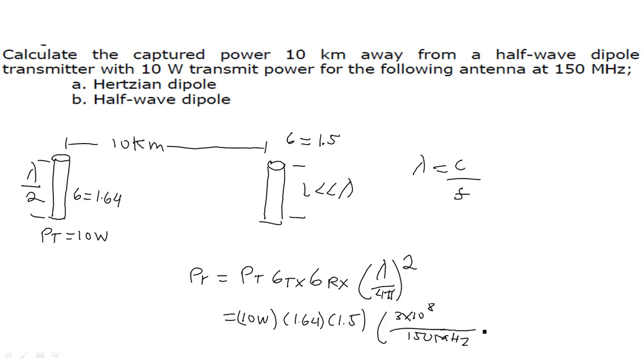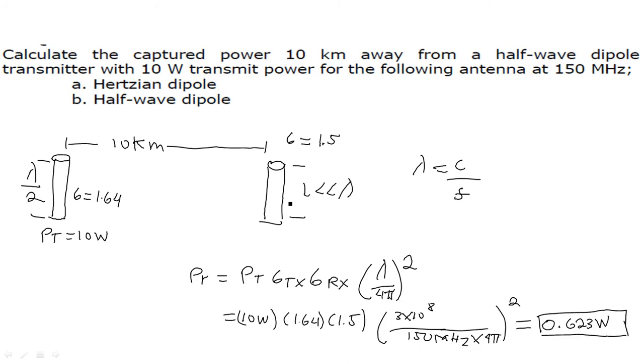So, dito ko na i-times yung 4 pi sa baba, squared. So, equals to 3 times 10 to the positive 8 over 150 squared, 1.5, 1.64 times 10 watts, 0.623 watts.